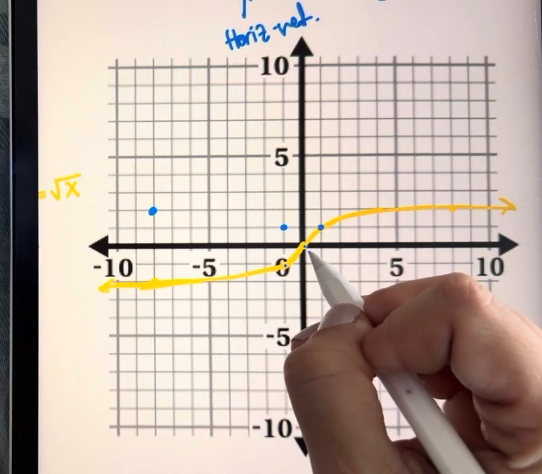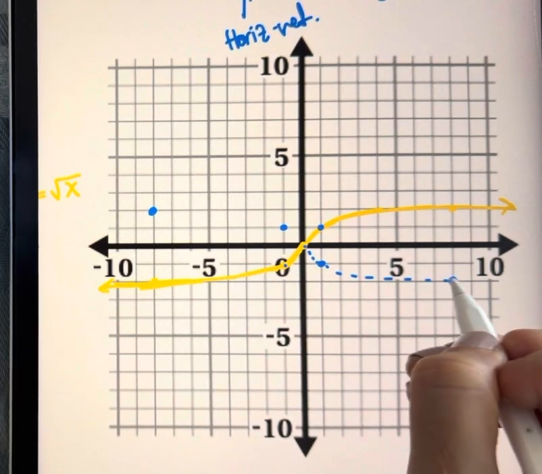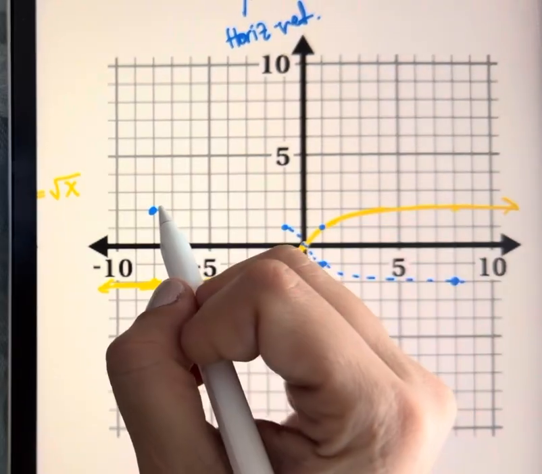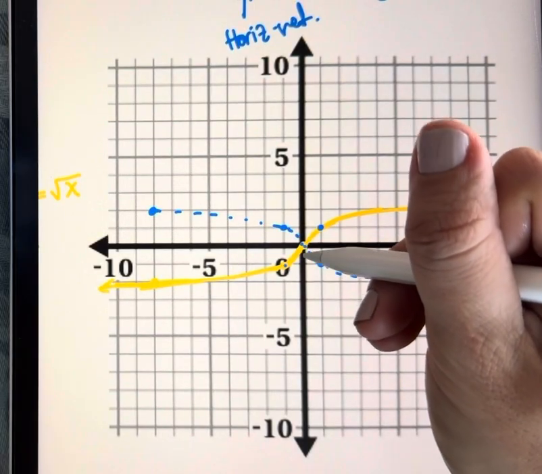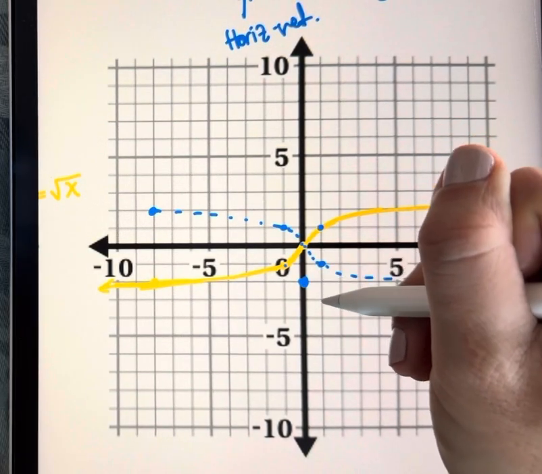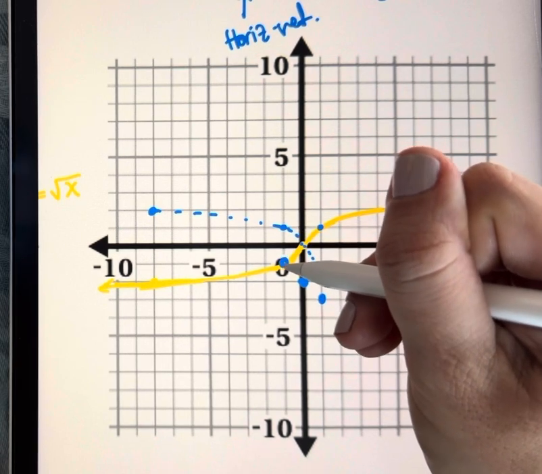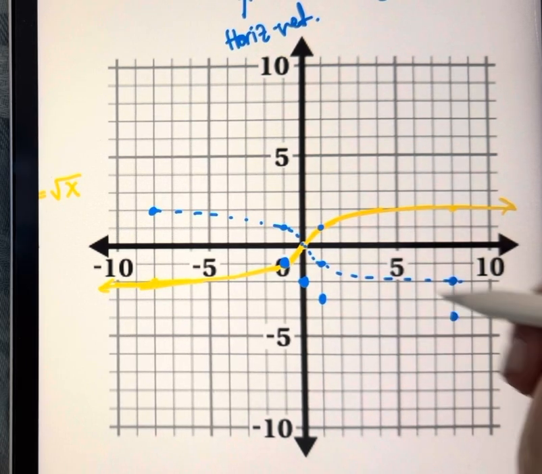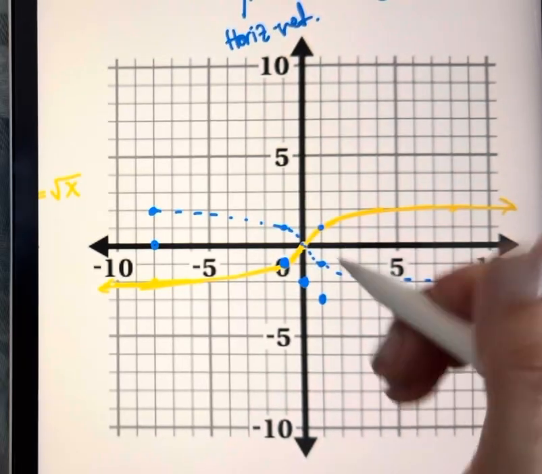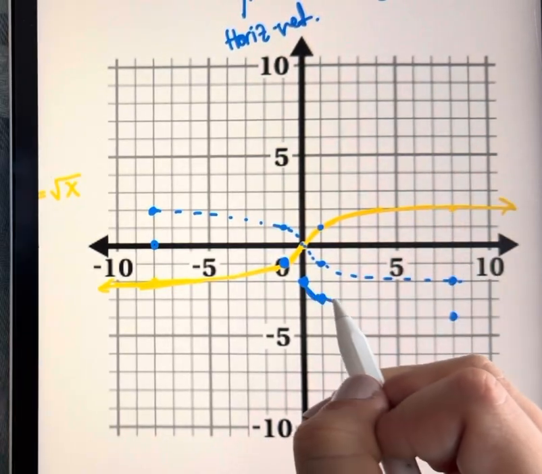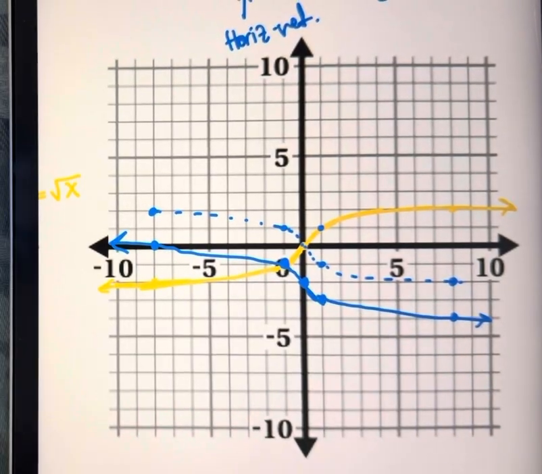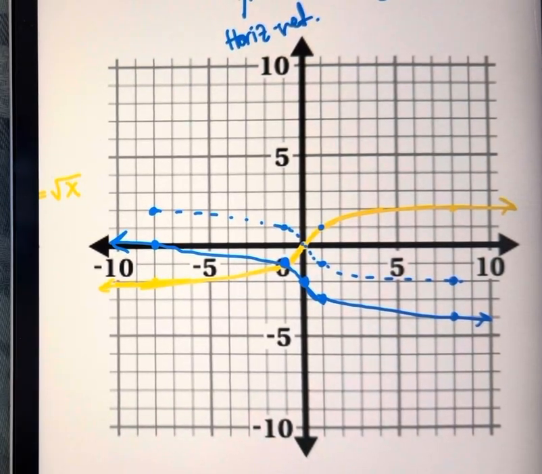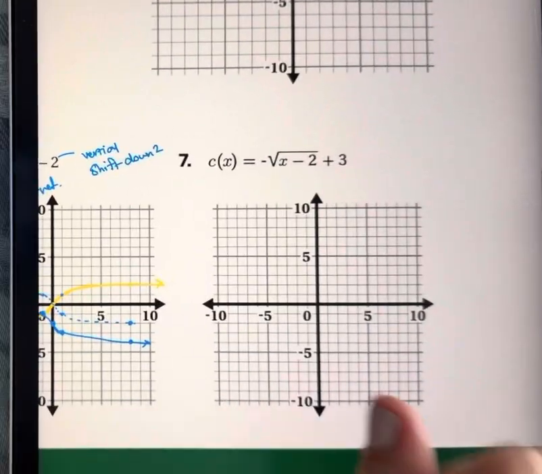And we will get this. And then we also need to go down 2 though. So all these points down 2. This one down 2, that one down 2, that one down 2, that one down 2. Okay, the solid blue graph is our final product.